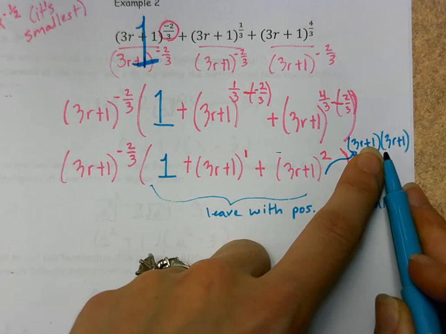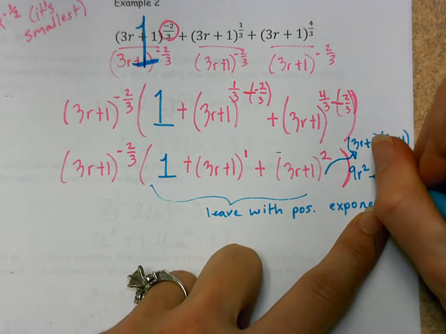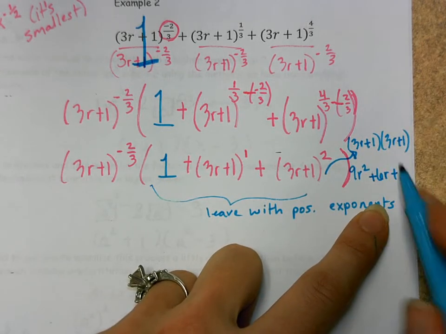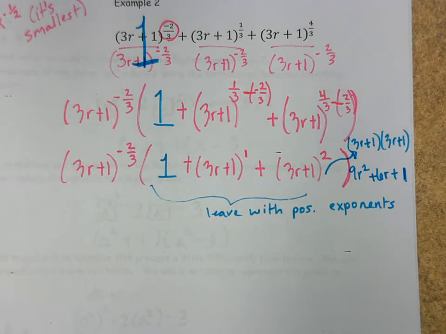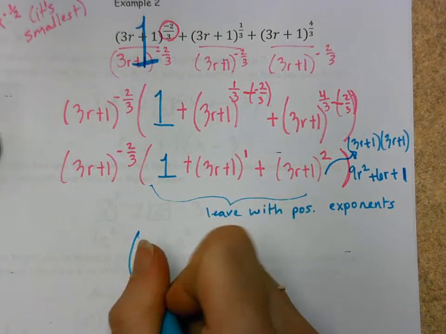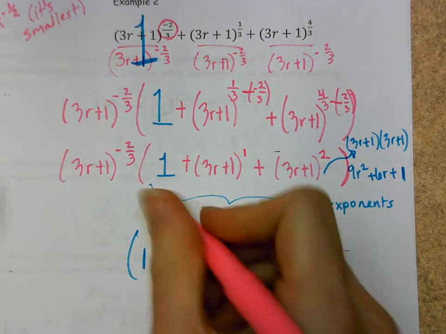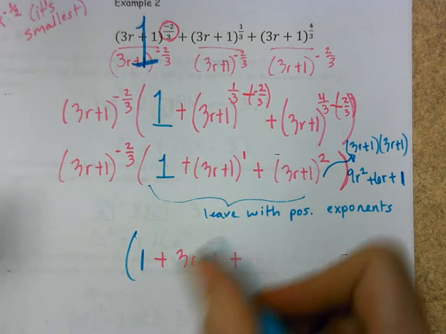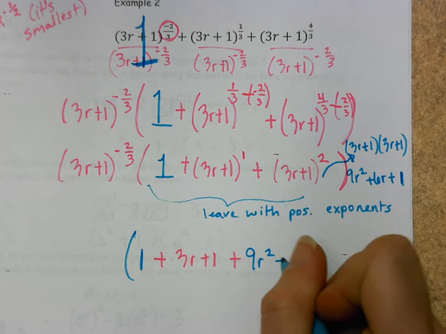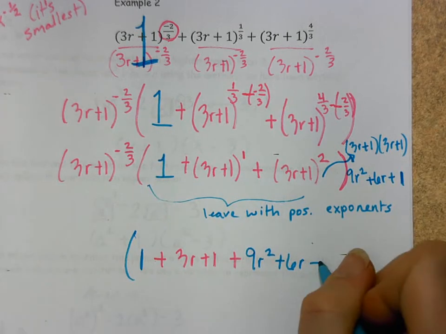So what is 3r plus 3r? 6r. Last term, what's 1 times 1? 1. Okay, so I'm going to replace that, and I have this as 1 plus 3r plus 1 plus 9r squared plus 6r plus 1.